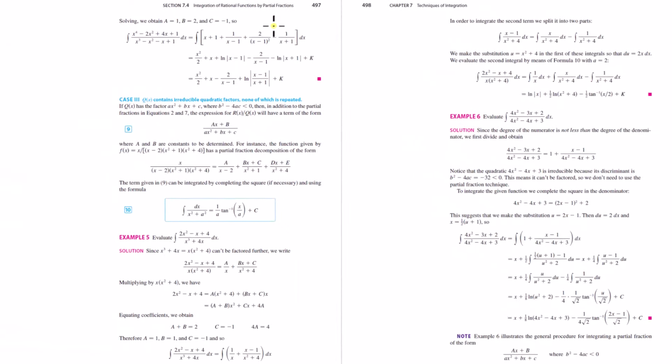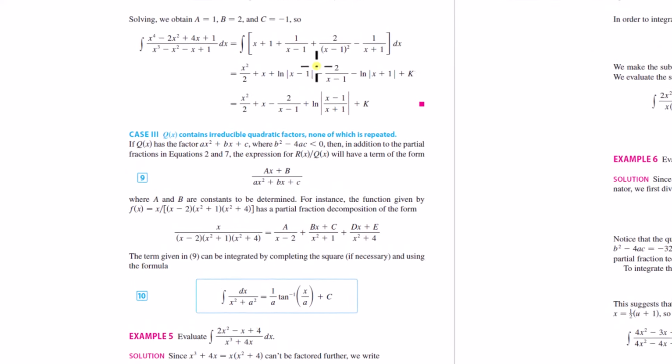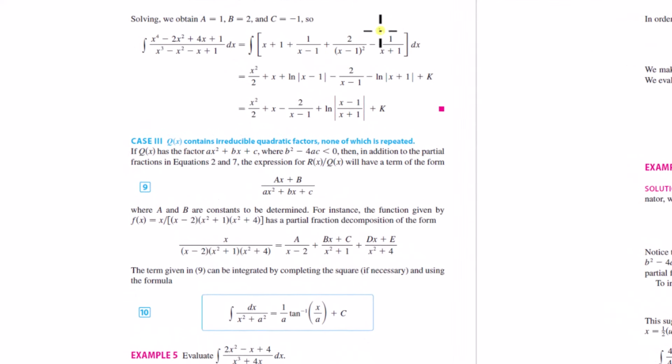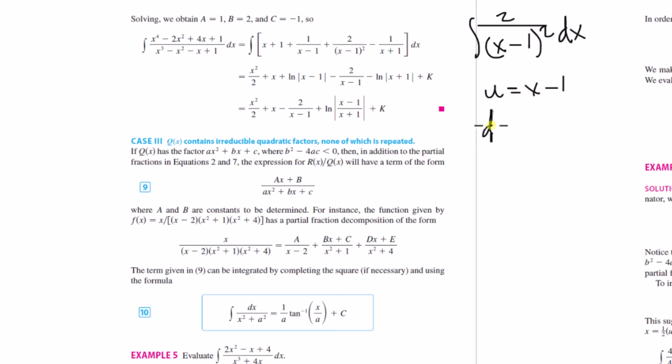Okay, and so how do you integrate this? Well, this one specifically, we could just do a u substitution. If we say u is equal to x minus 1, du is equal to dx.